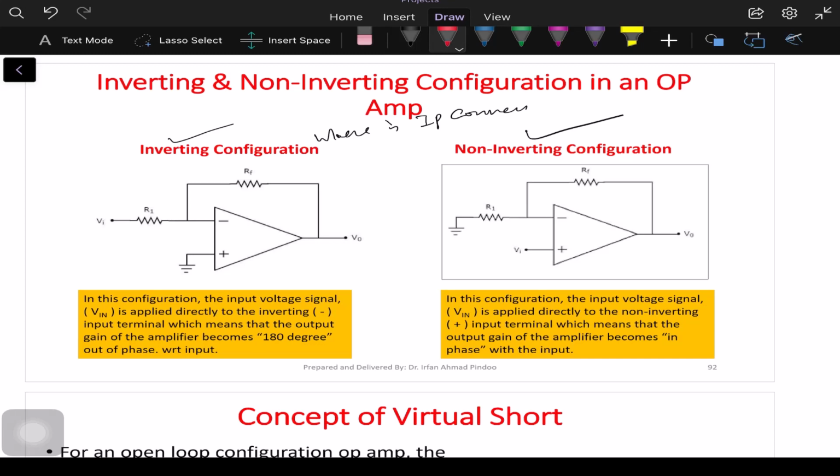In diagram number 1, we have an input, and that input is connected to the inverting terminal, so it becomes the inverting configuration. In the second diagram, the input is connected to the non-inverting terminal, so it becomes the non-inverting configuration. In both, we will observe that the gain will be controlled.